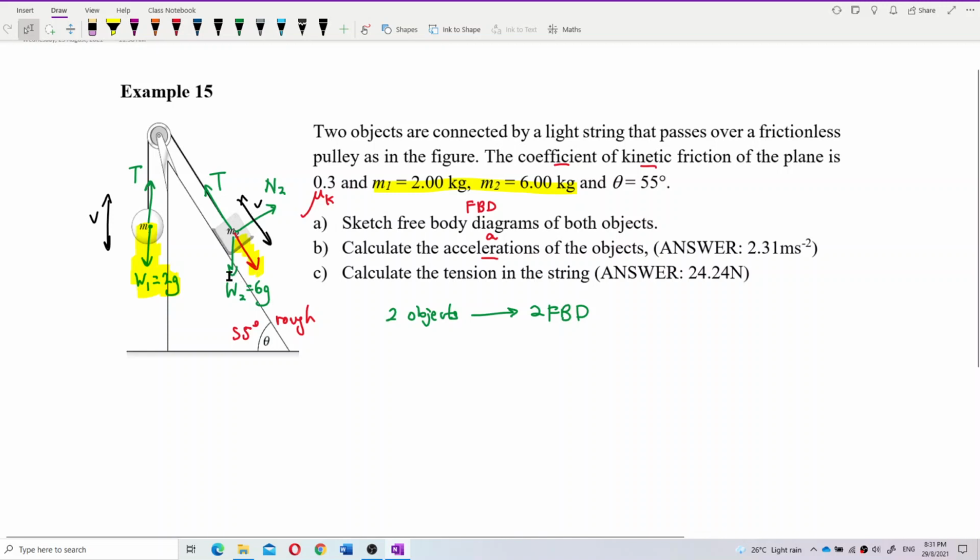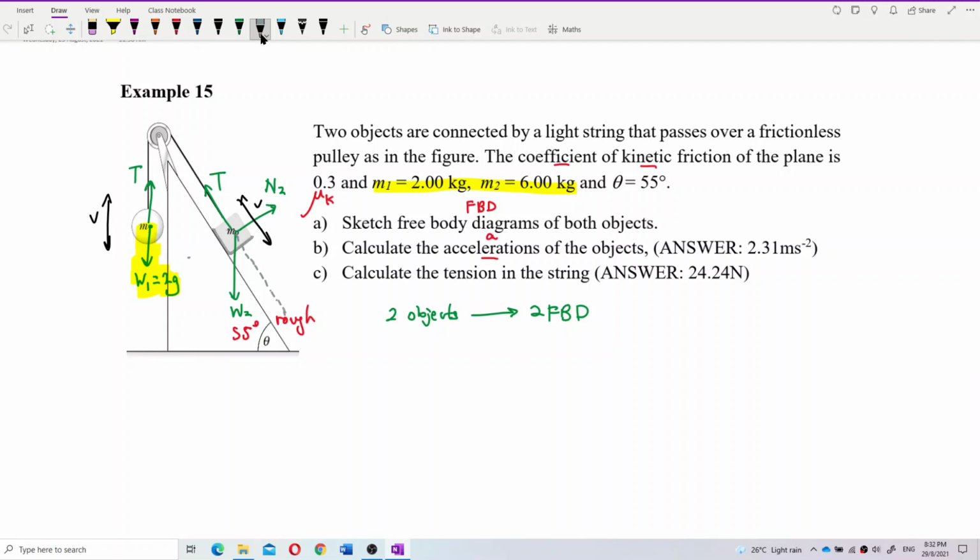Let me write it down for you in a better way. Maybe we should make it bigger. This is the weight 2, and we need to find the x component of weight 2.